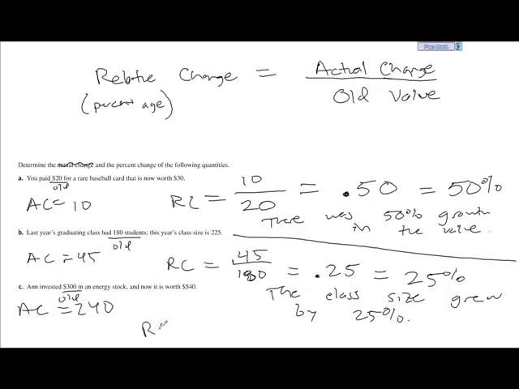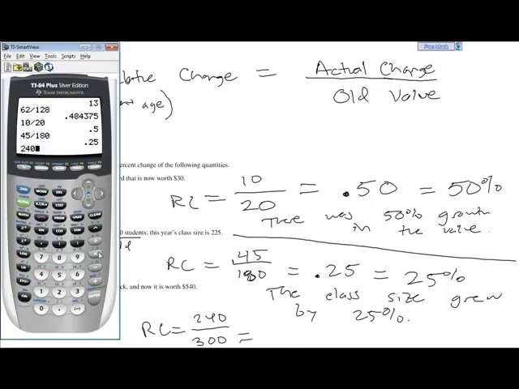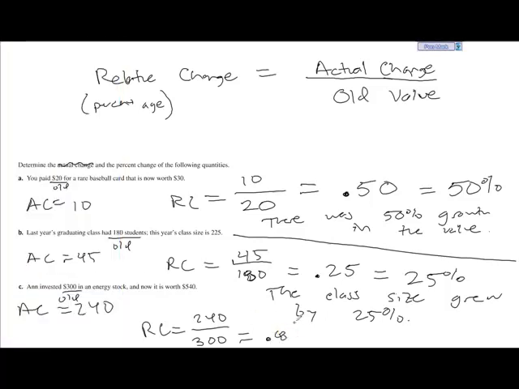Here again, we'll do relative change equals the actual 240 divided by the original, which is 300. So that means 240 divided by 300 has actually grown by a total of 0.8, which we can add the 0 after that and say that this is 80% growth in stock value.